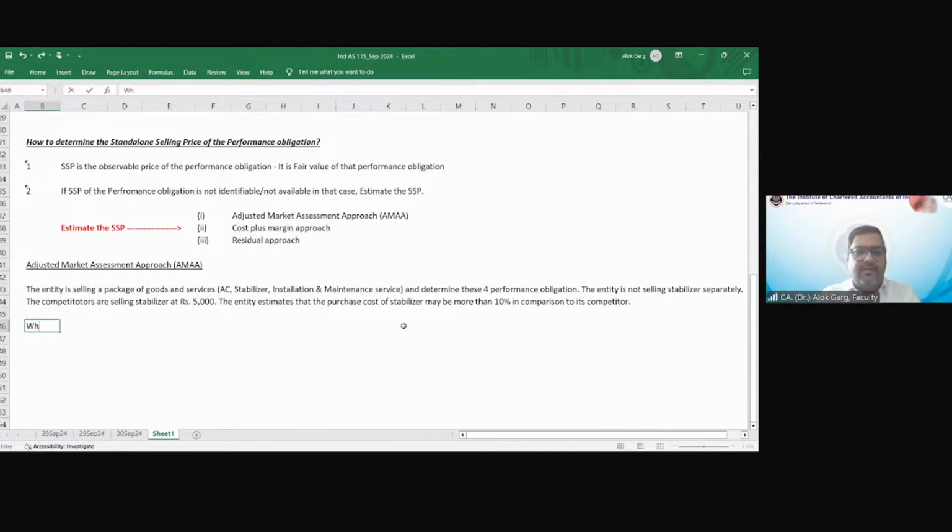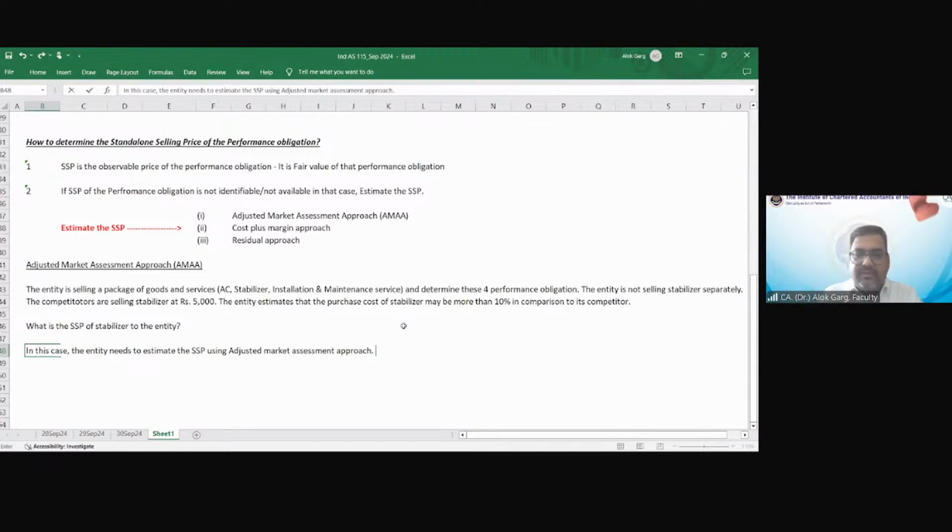So what is the standalone selling price of the stabilizer to the entity? So friends, in this case the entity needs to estimate the standalone selling price using the AMMA approach, the adjusted market assessment approach.